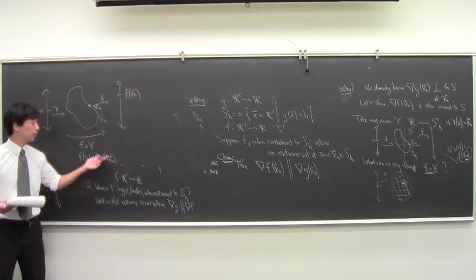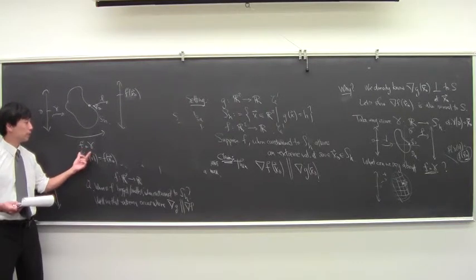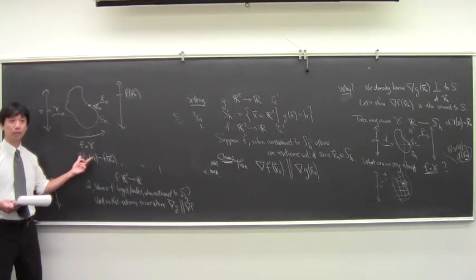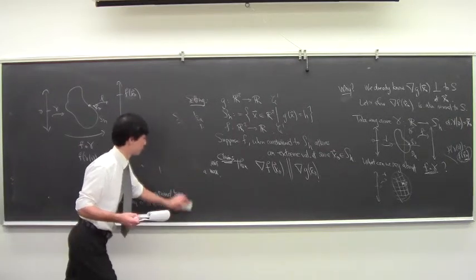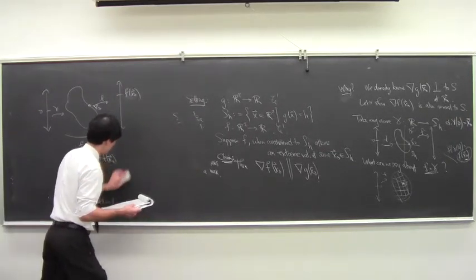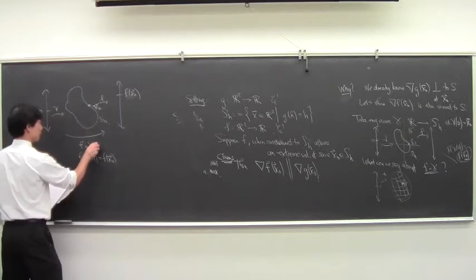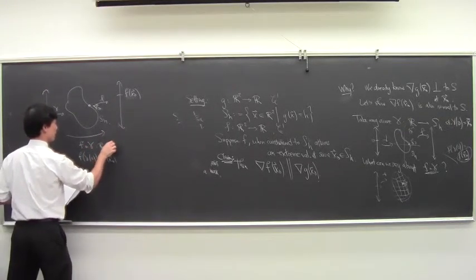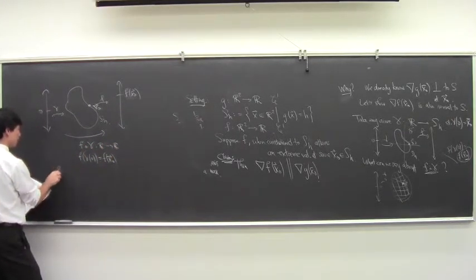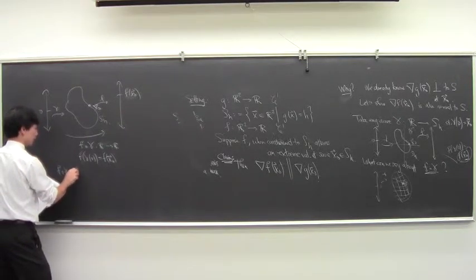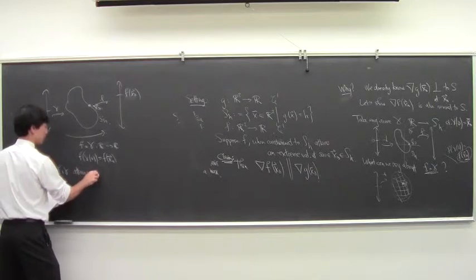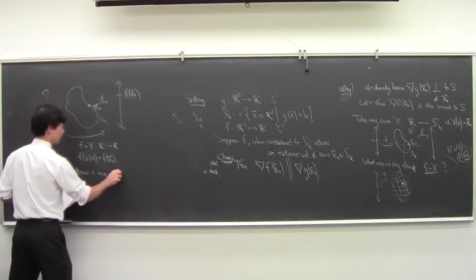That tells us this guy, which goes from R to R, attains its max at time 0. We see that f composed with gamma attains a max at time 0.